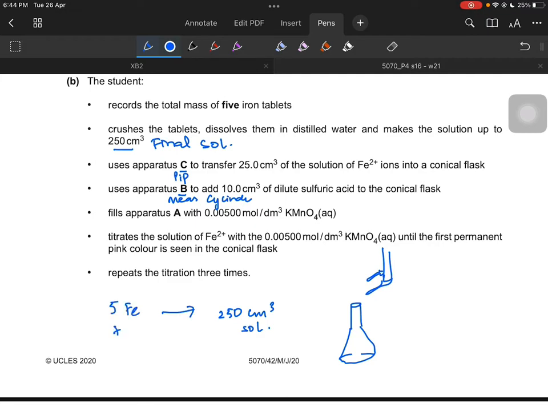From the 250 centimeter cube, we only take 25.0 centimeter cube of the iron solution. It has 10.0 centimeter cube of sulfuric acid, but we are not concerned with that because it is not going to participate in the redox reaction. And then from here, we are transferring potassium manganate solution.